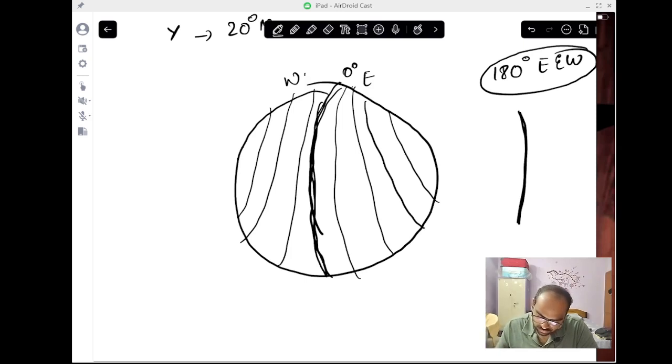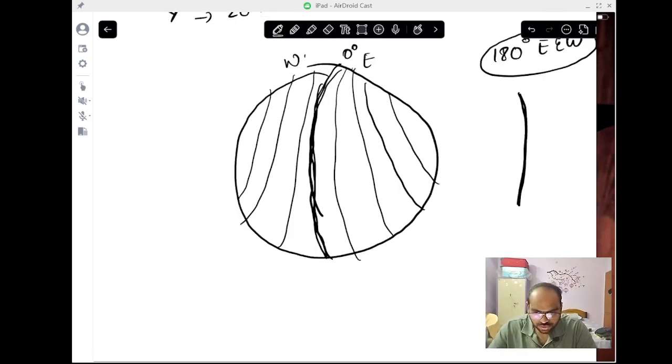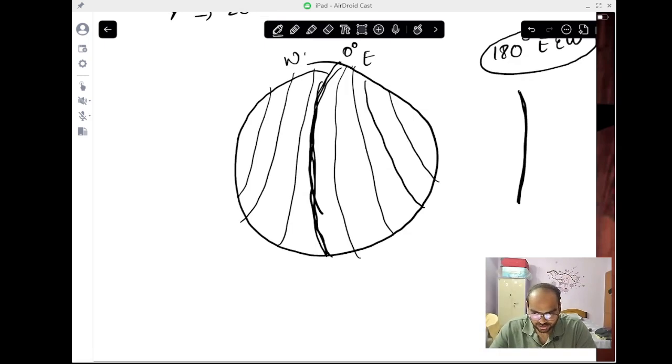Okay, and they are also useful for determining a place accurately. The notion of longitudes is east and west, and we denote latitudes as north and south.